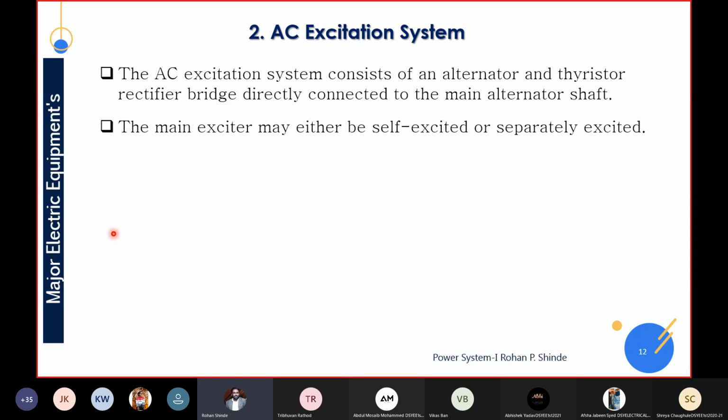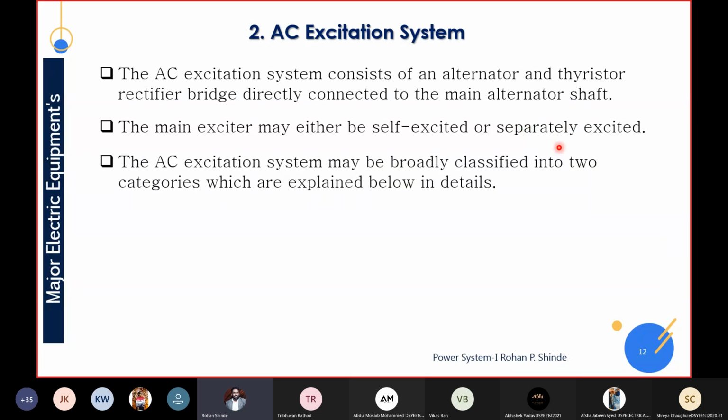The main exciter may be either self-excited or separately excited. If we have a directly connected exciter to the main excitation system, then it will be self-excited. If the main excitation system is excited by some external source, then it is called a separately excited system.